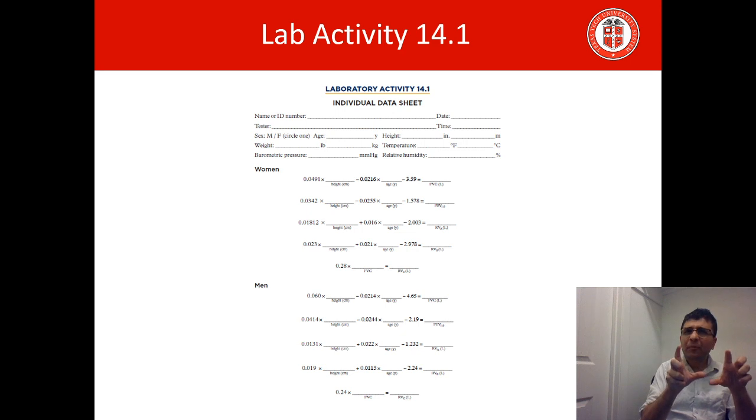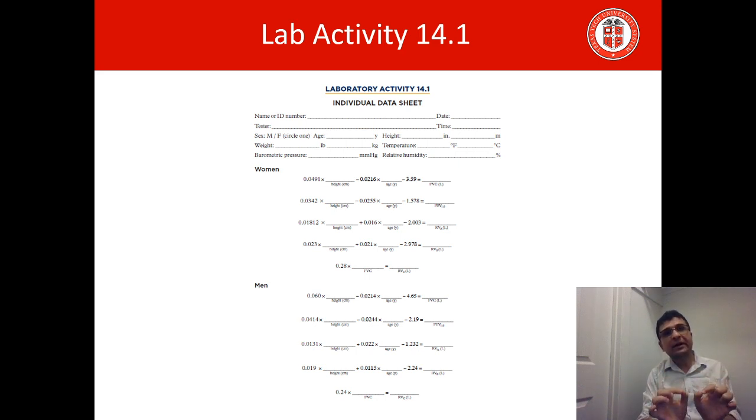We focused on a couple of important ones, which include MVV and FRC, and we ended our discussion with how to use these dynamic lung volumes and capacities, specifically the FEV1 upon FVC ratio, to diagnose obstructive and restrictive diseases. So I hope that you'll get something out of this lecture on pulmonary function test.